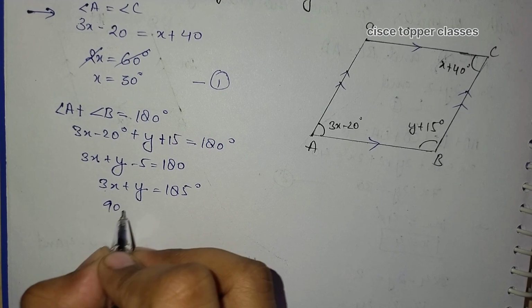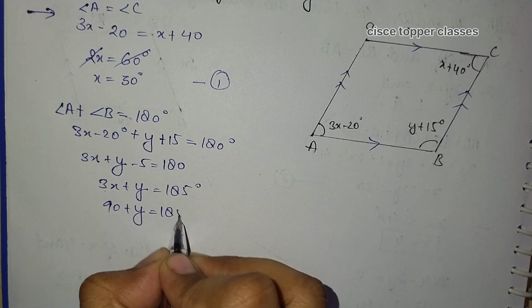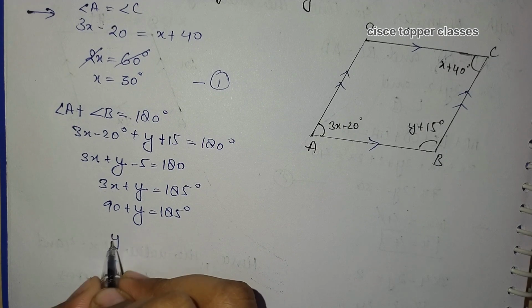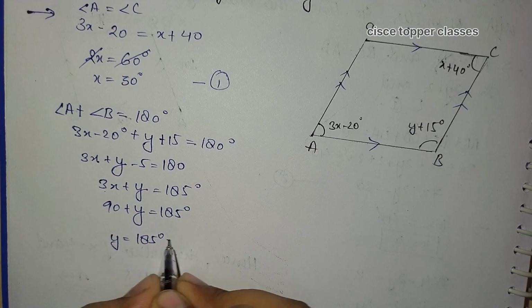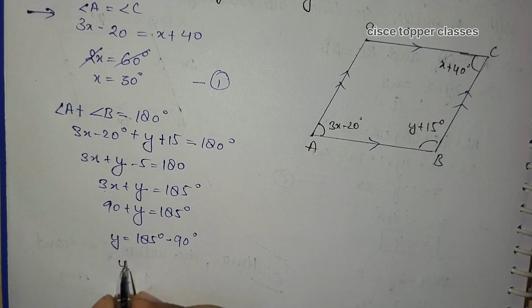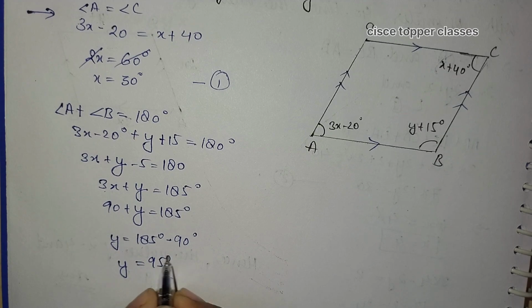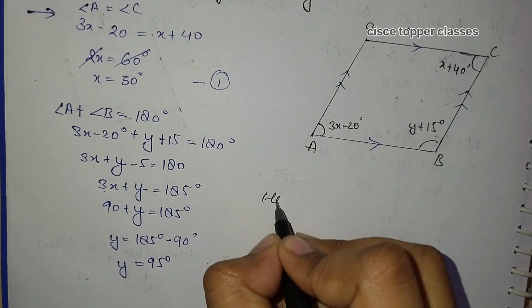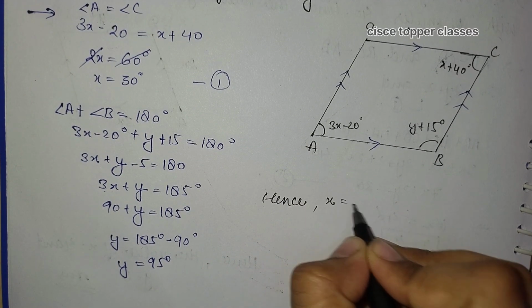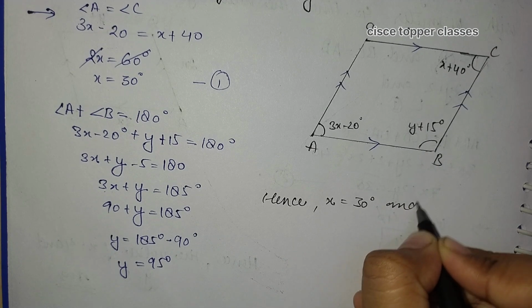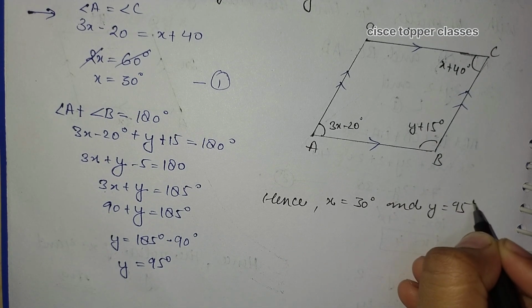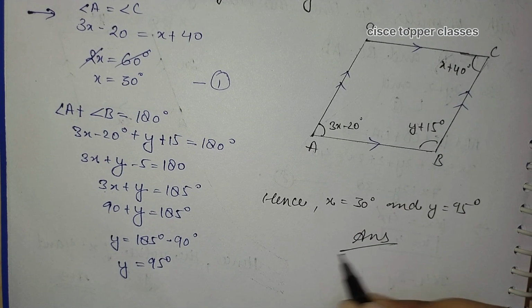So it will be 90 plus y equal to 185 degree. We will subtract 90 from 185. So y is equal to 185 degree minus 90 degree, and hence y is equal to 95 degree. So x is equal to 30 degree and y is equal to 95 degree is the final answer here in this question.